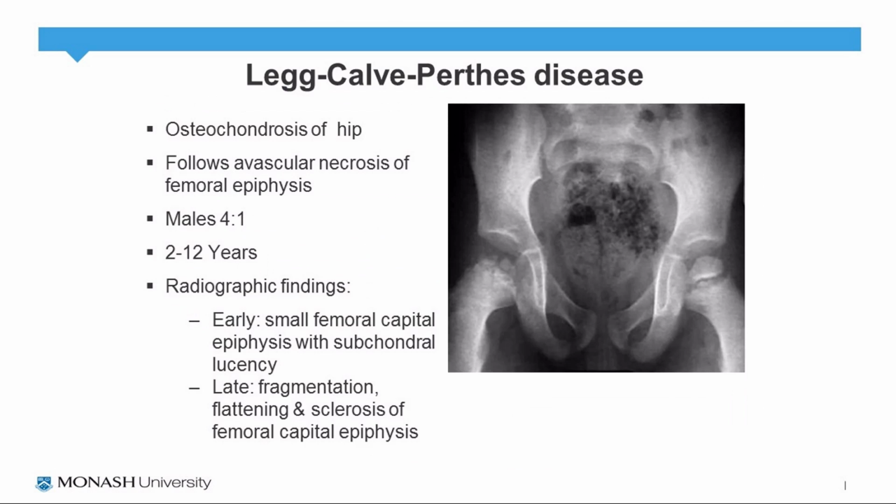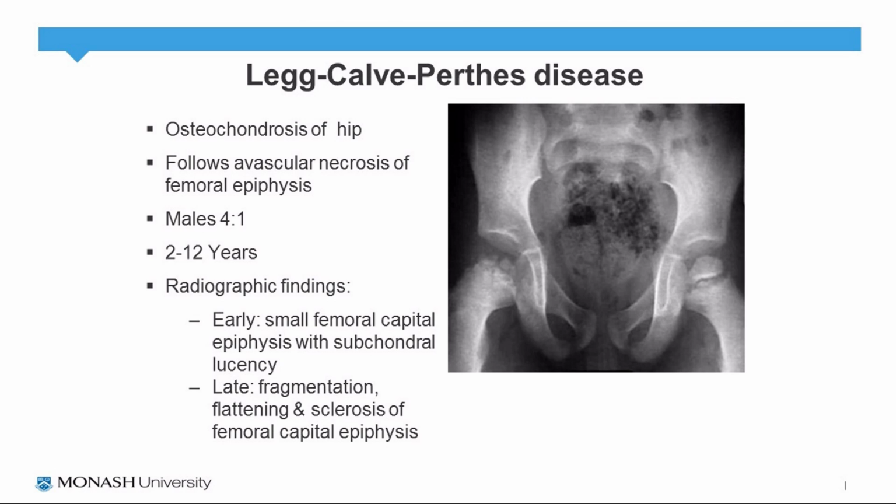Legg-Calvé-Perthes disease is because of osteochondrosis of the hip, and it follows avascular necrosis of the femoral epiphyses. There's a higher male preponderance of 4:1, and the age group that it occurs in is around 2 to 12 years.